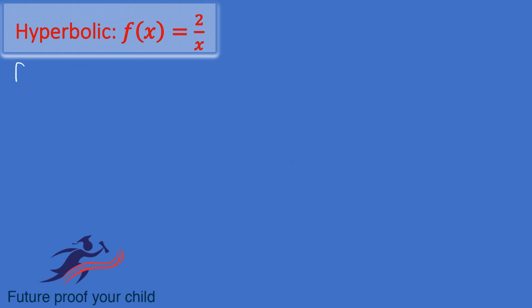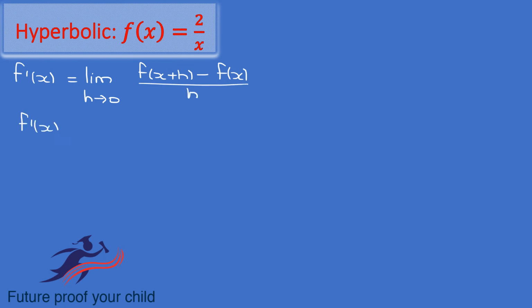So we can have the gradient or the derivative equals the limit as h approaches 0 of f of x plus h minus f of x over h. So we have the derivative equals the limit as h approaches 0. So start by replacing x with x plus h.